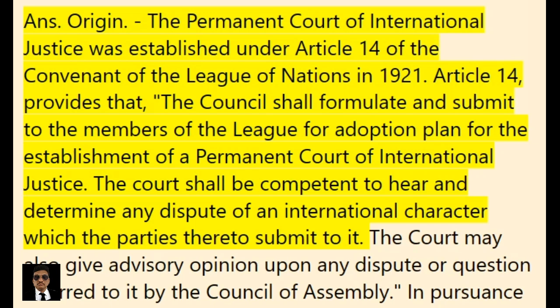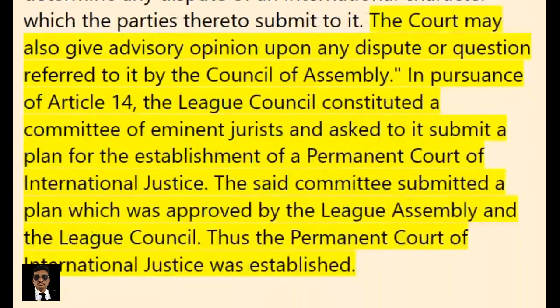The court shall be competent to hear and determine any dispute of an international character which the parties thereto submit to it. The court may also give an advisory opinion upon any dispute or question referred to it by the Council or Assembly.